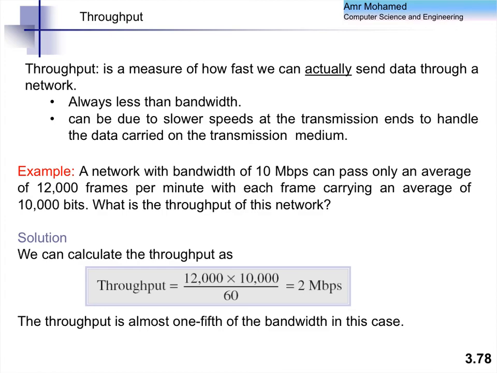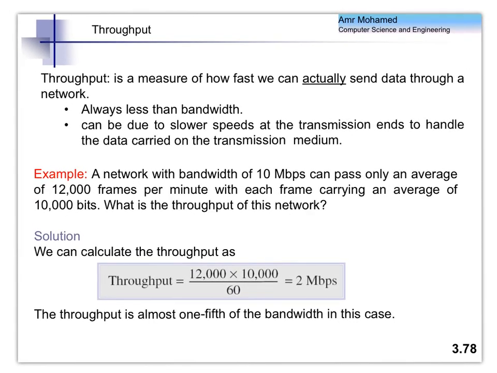All right. So the throughput. The throughput is the measure of how fast we can actually send data on the line, which is less than the theoretical limit. It's significantly less than the theoretical limit.